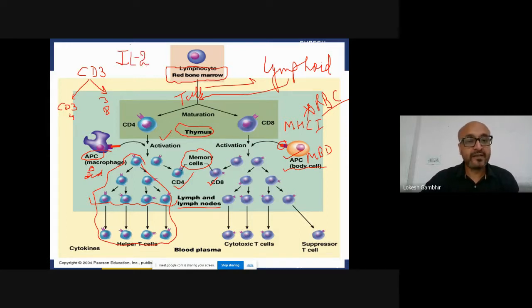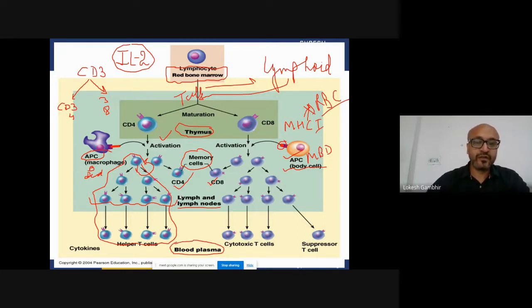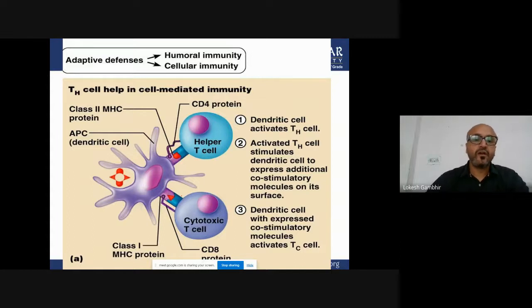This is in turn secreted by the activated cell, and by autocrine signaling it takes up all the IL-2 and then starts clonal expansion. Once the number is increased, they have to reach the site of infection, so they enter the blood plasma to perform their function. That is the complete chronology of these cells.